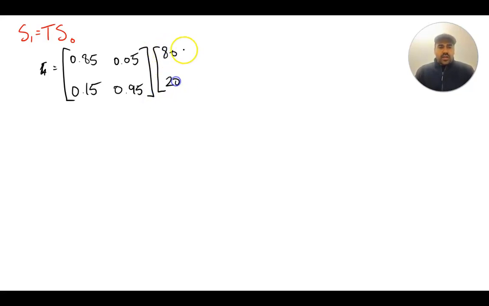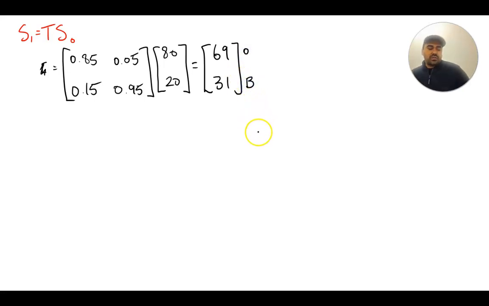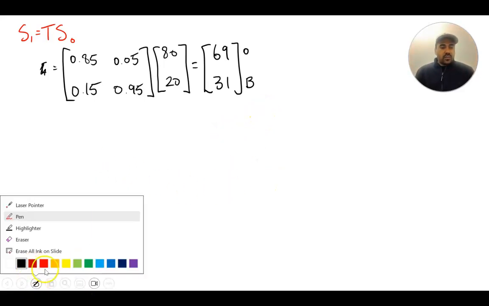We start off with 80 and 20. Remember, that's our operational and our broken. When we do this multiplication, row times down, row times down, you'll end up getting 69 and 31. So this is how many will be operational, and this is how many will be broken. So it's going to look like less operational and more broken. So that's S of 1.